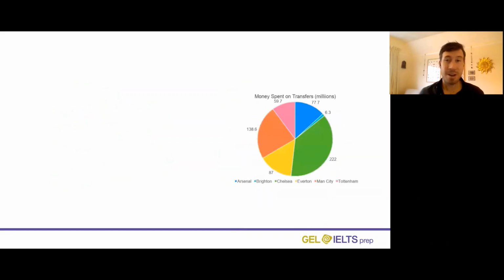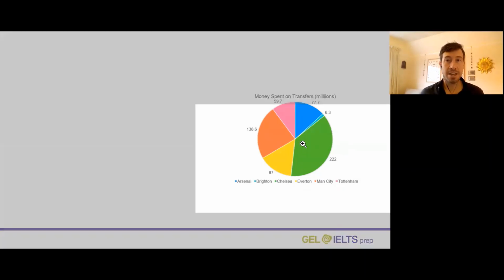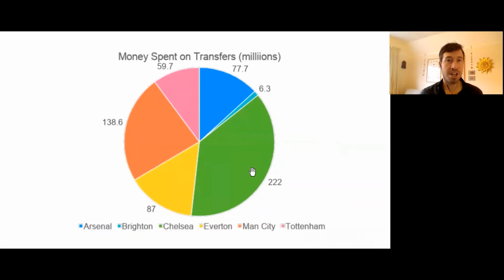Okay, well, we're going to have a little bit of practice with some of that vocabulary we looked at on the previous slide. So here we can see a pie chart, and it's talking about money spent on transfers in millions at 6 different clubs. Arsenal is the blue, Brighton is the little blue one here, Chelsea is the green, Everton the yellow, Man City the red, and Tottenham the pink.